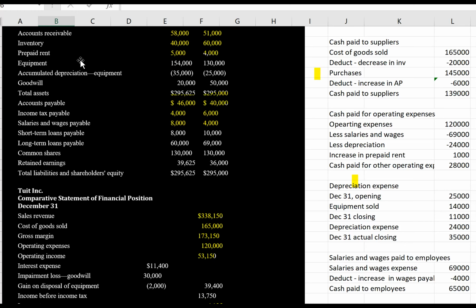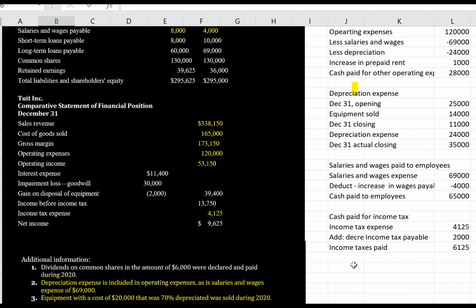So we've got equipment, and we can see that there's a change in the equipment account. What's going to go through the equipment account is any purchase of PP&E, because that's what changes this account. And any proceeds from the sale are going to go through the accumulated depreciation account, because that's what we're using to clear out that account.